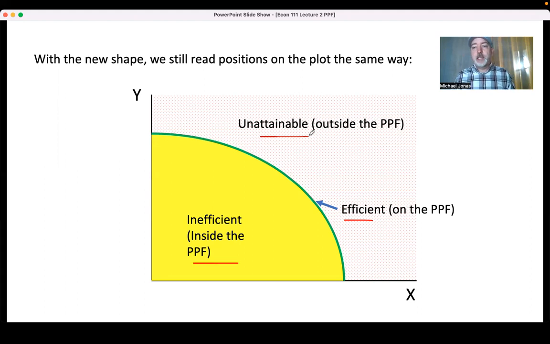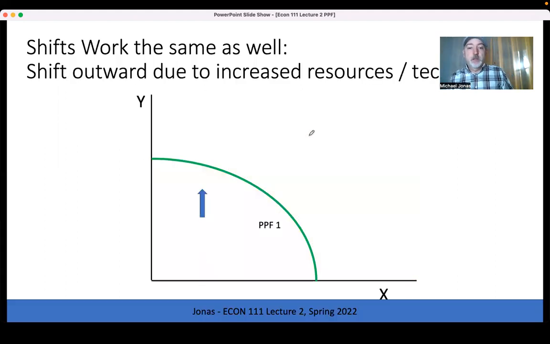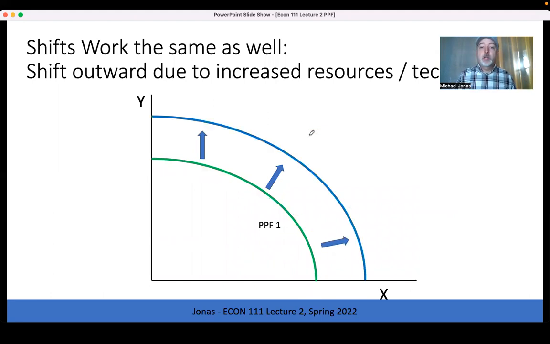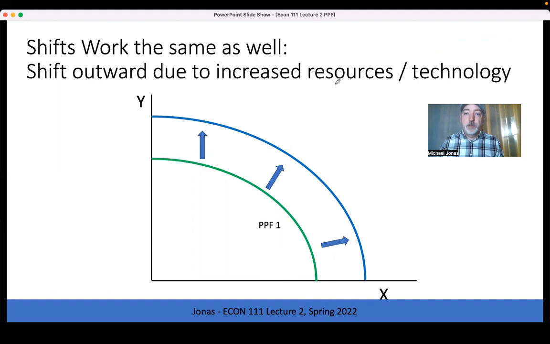And how do those unattainable combinations become attainable? Same idea as before, right? We need to shift out the PPF, and instead of a parallel shift of a linear function, we can just think of that frontier, that bubble shape, moving outward. But the story is the same.